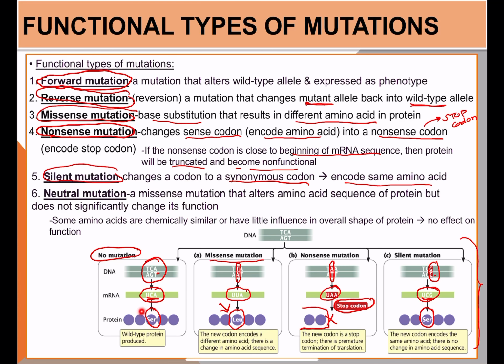Okay, serine in the wild type sequence, and then also serine in the mutated sequence. So it's called silent mutation because it doesn't give a phenotypic effect, because it encodes for the same amino acid.